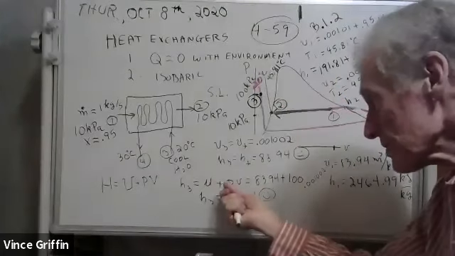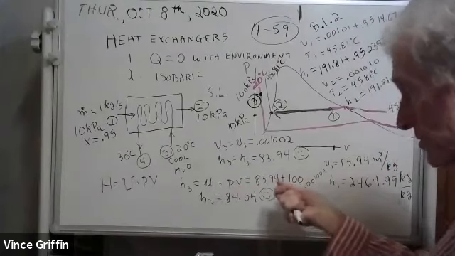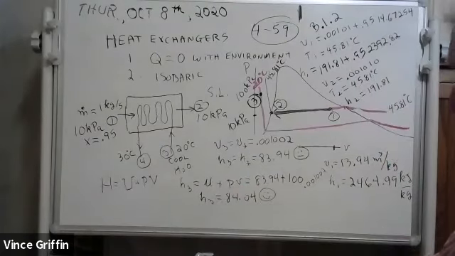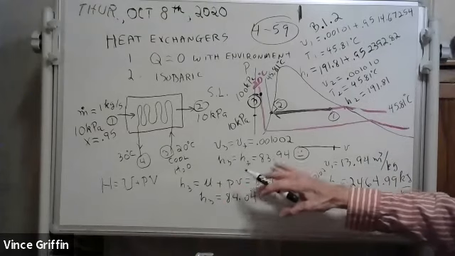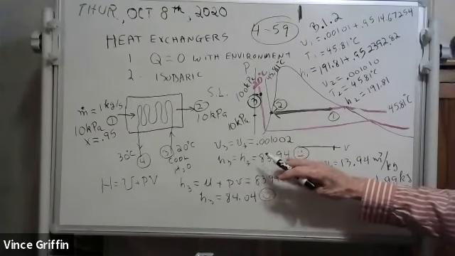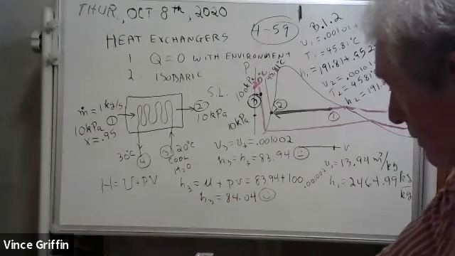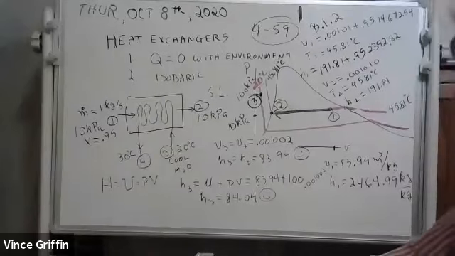See, enthalpy depends not only on u, but it depends on the pressure. So it makes a slight difference, not much. What is the difference between those two? Not much. 0.1 maybe? If you add 0.1 to that, I think you get that. 0.1 kilojoule per kilogram.